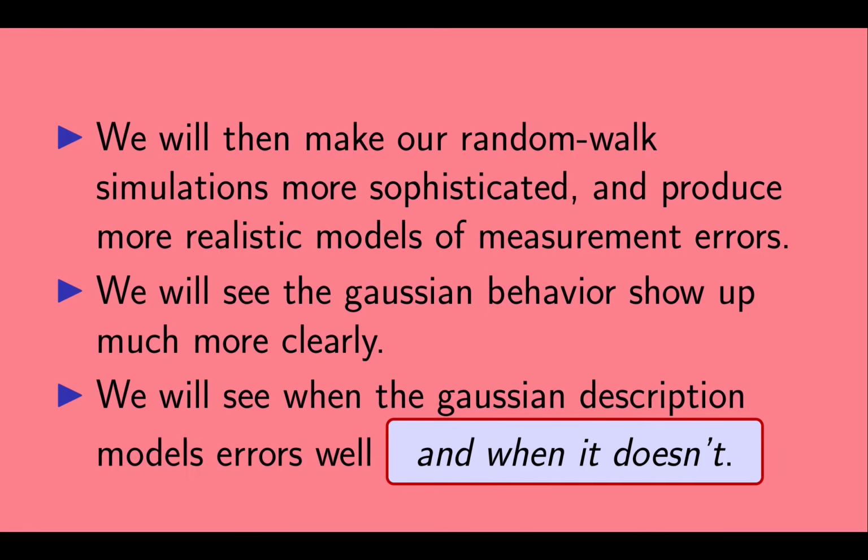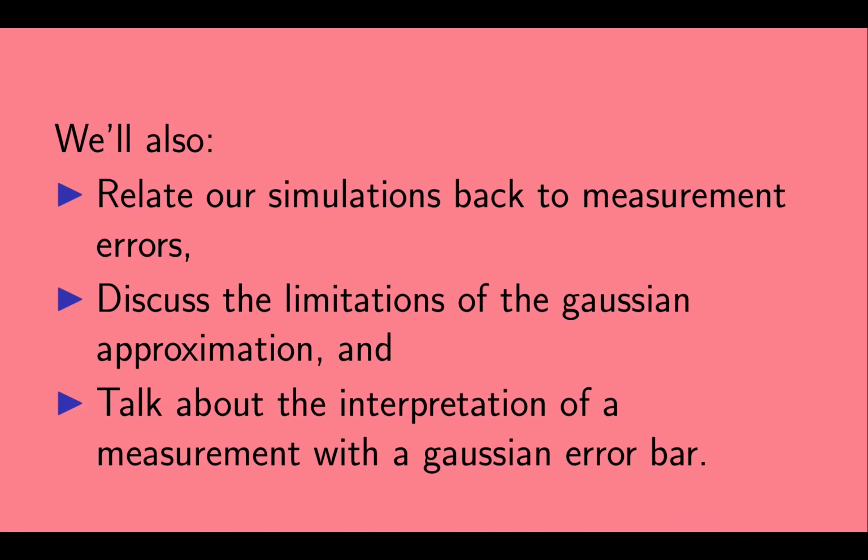We'll see the Gaussian behavior show up much more clearly than in our first simulation. We'll also see under what conditions the Gaussian description models measurement errors well, and also when it doesn't. We'll also relate our simulations back to measurement errors, discuss the limitations of the Gaussian description of errors, and talk about the interpretation of a measurement reported with a Gaussian error bar.